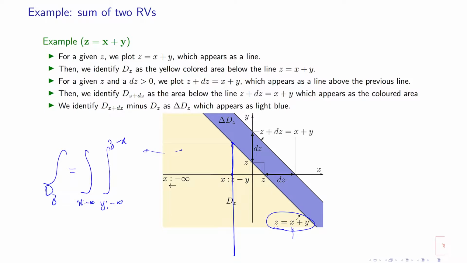But this point could be here, or here, or you could go toward this direction. So x could be plus infinity. If you integrate over this area f_XY of x and y, dx dy, this double integral gives you f_Z of z.